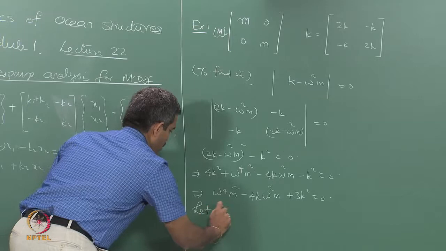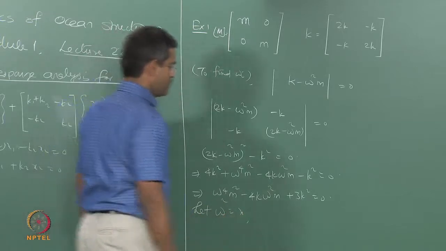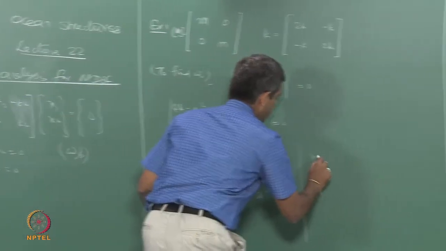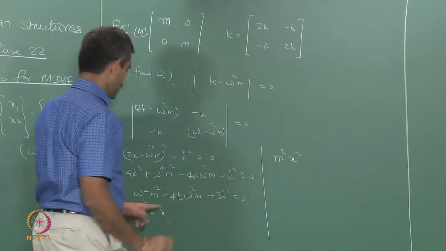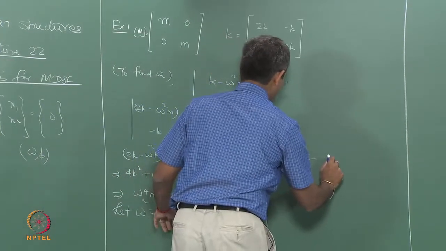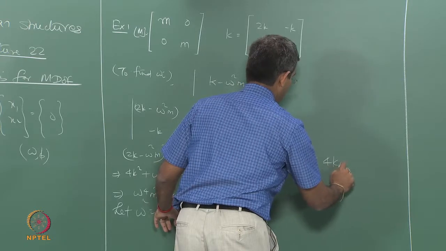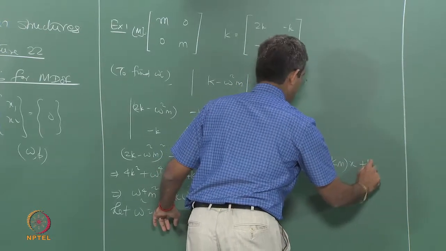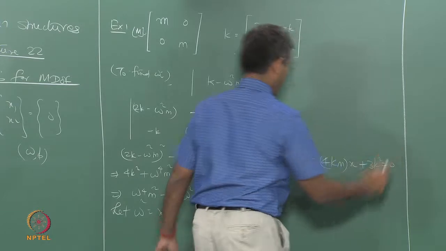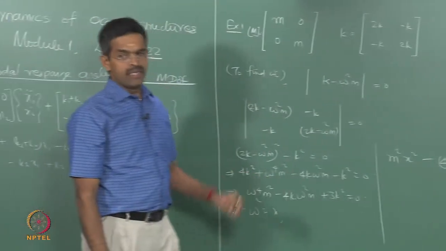Let omega square be x. So, I get m square x square minus 4k m of x plus 3k square equal to 0, which is a quadratic in x.